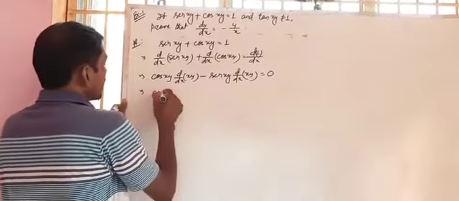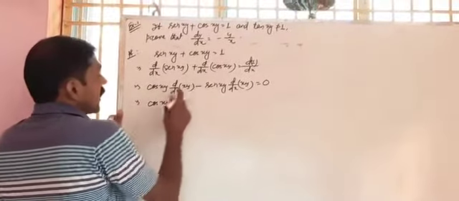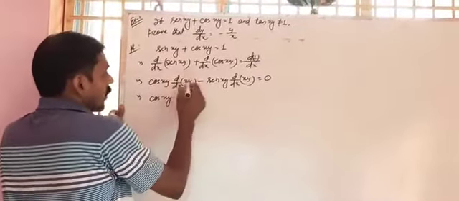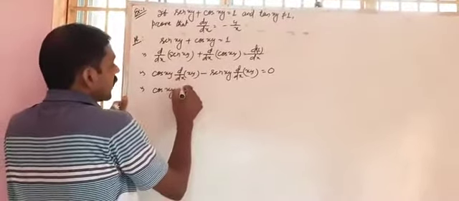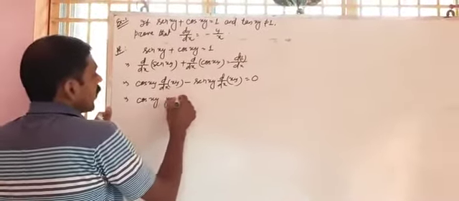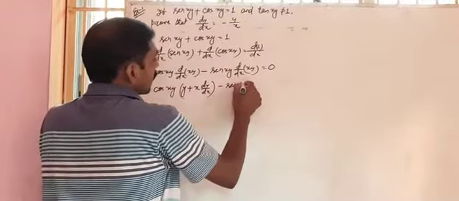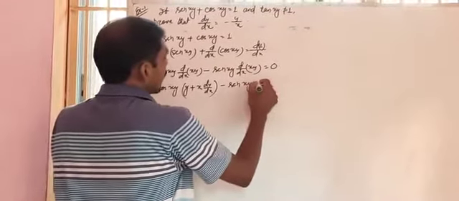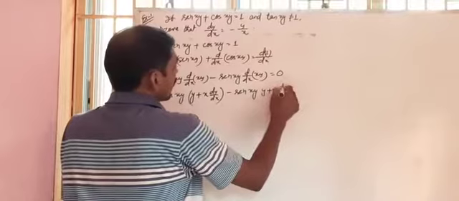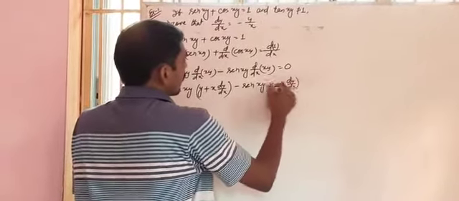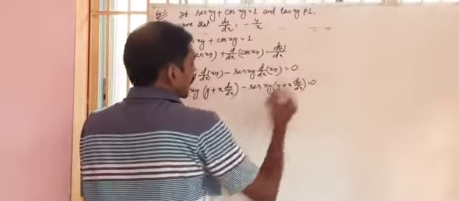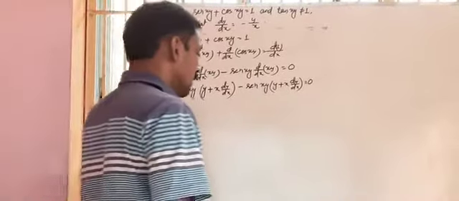Now again it is cos xy, and again the product rule. The derivative of x is 1 into y, that is y, plus x into the derivative of y, which is dy by dx. Here also minus sin xy, and it is y plus x dy by dx.